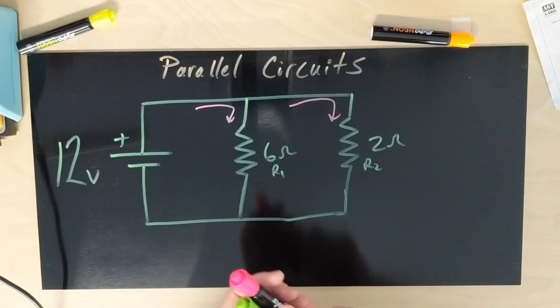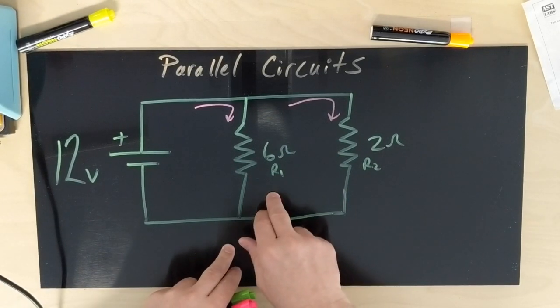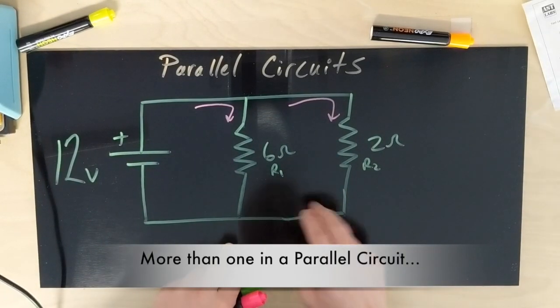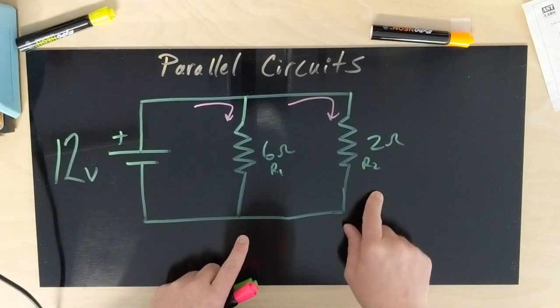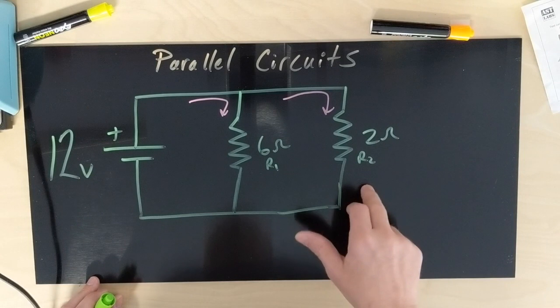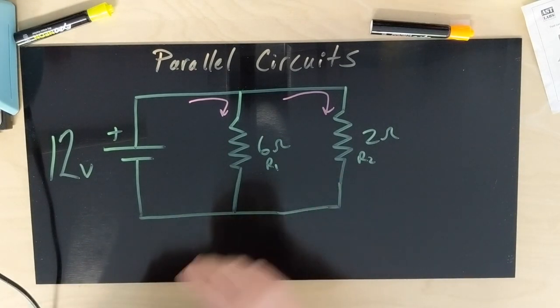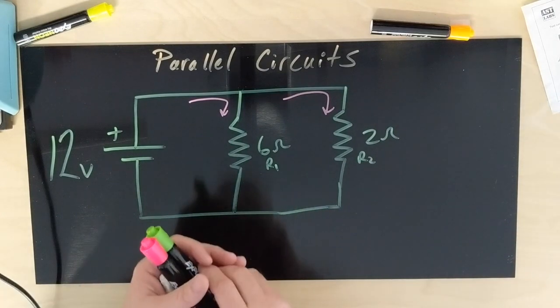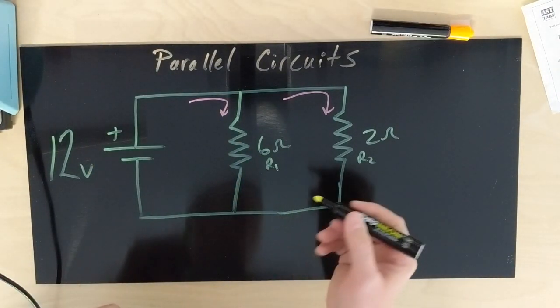Now, one thing to realize is whenever you have more than one resistor in a circuit, the total resistance will always be less than your lowest resistor. So we'll learn this, it's always going to be less than that lowest when you have more than one resistor in parallel. So the first thing we're going to look at is the formula for parallel resistance.